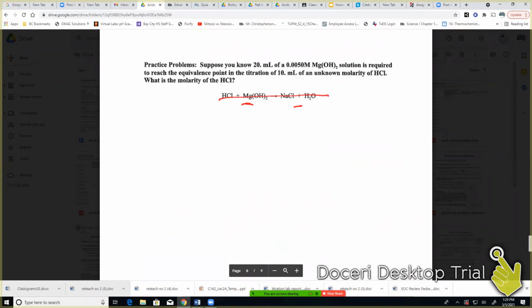It should have been hydrochloric acid plus magnesium hydroxide gives me water plus magnesium chloride. If you write it correctly, it makes it a lot easier. Put a 2 there for my chloride, which now ups my water to 2. So that's the neutralization reaction for that acid and that base.